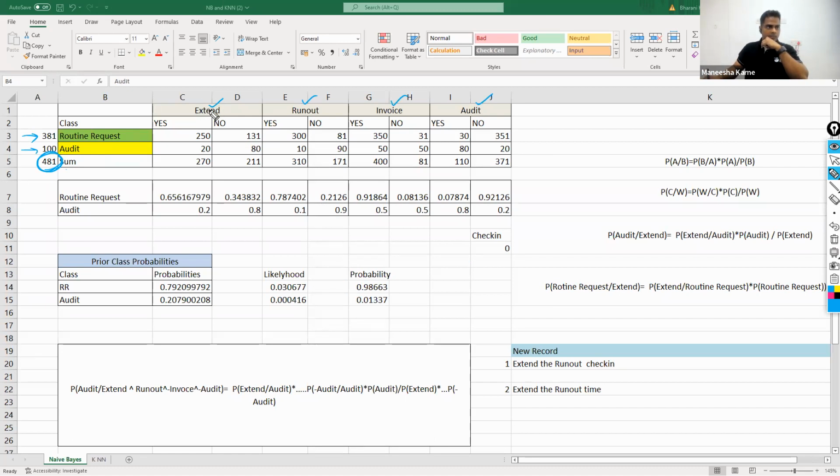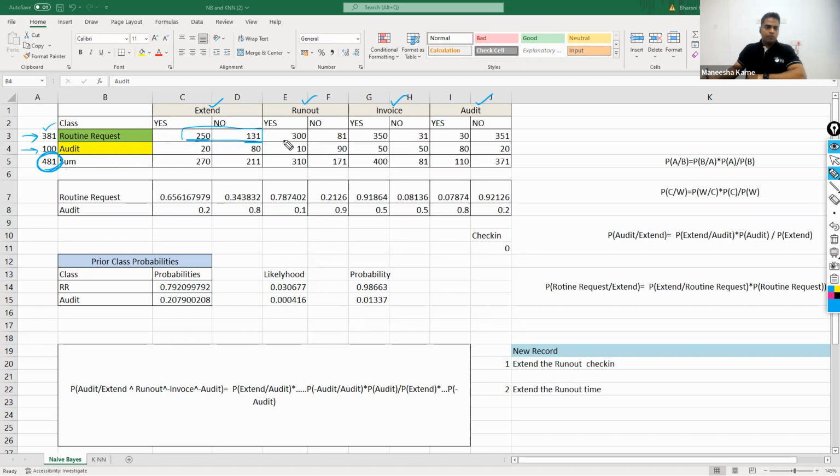The word extend appeared in 250 places in routine requests. Out of 381, in 250 requests the word extend was there, which means in another 131 entries, because if you add these two you get 381, you did not have the word extend.